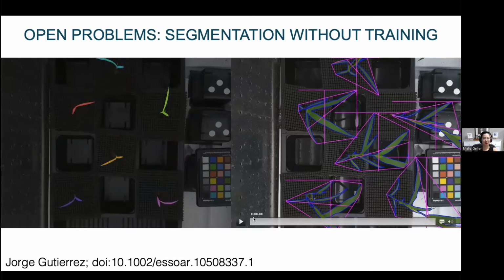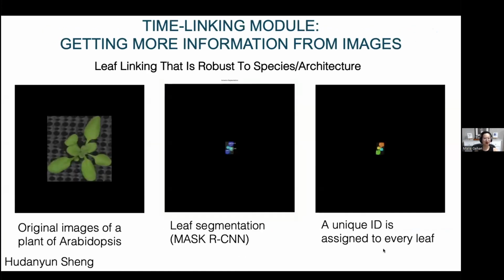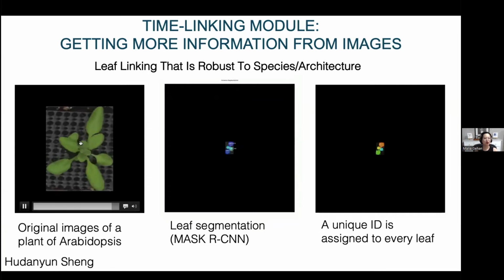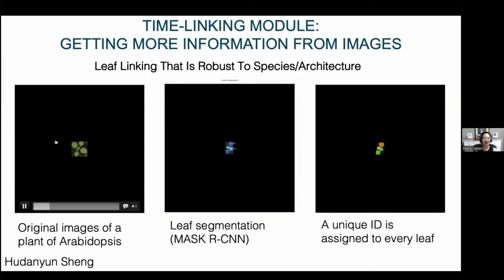So this is great in our opinion, but another challenge is that once you've segmented those plants out, you might want to try and get even more information than just the plants as a rosette in the case of Arabidopsis. And so how can we get more information out of this very inexpensively acquired data?